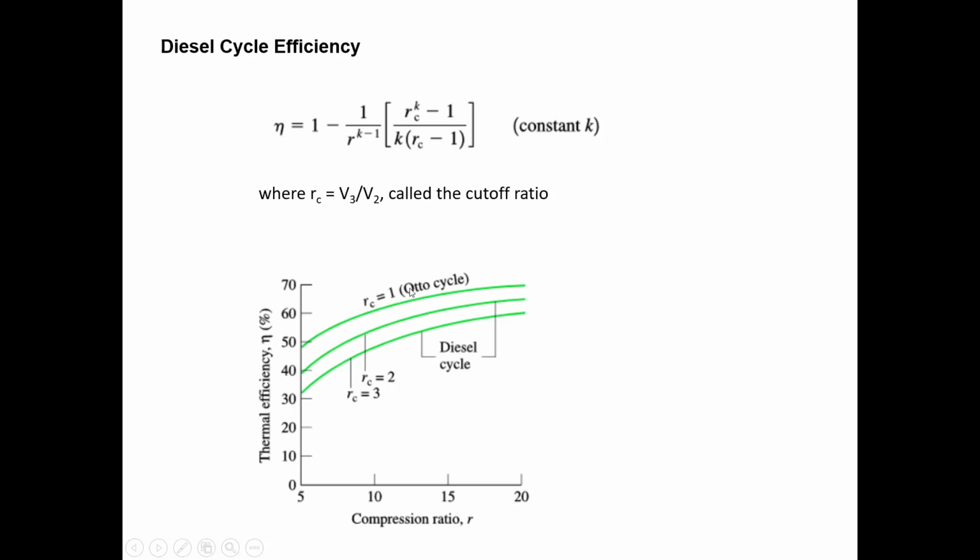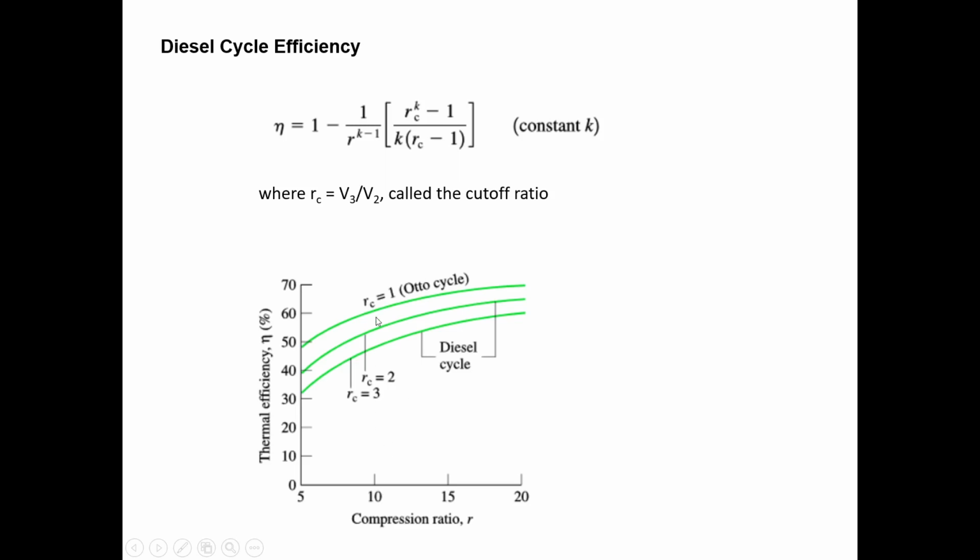If you remember the last time in the Otto cycle, we derived eta equals 1 minus 1 over r_k to the power k minus 1, and also we discussed how the compression ratio affects the efficiency. The same thing goes here, the only difference is we have different r_c values, right? Now for the Otto cycle, r_c value is equal to 1 because you know in the constant volume process V3 equals V2 if you are in the Otto cycle. Therefore r_c becomes 1 for the Otto cycle. For the diesel cycle you have different r_c values, right?